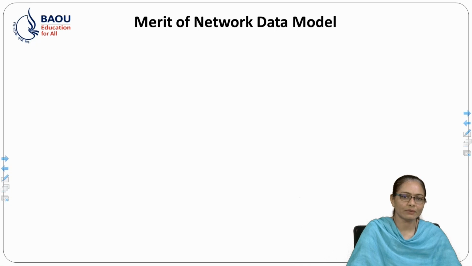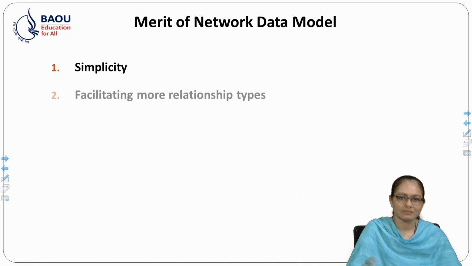Merits of the network data model. Which are the advantages of the network data model? First is simplicity. It is simple and easy to understand because the structure is very easy. Now, facilitating more relationship types.